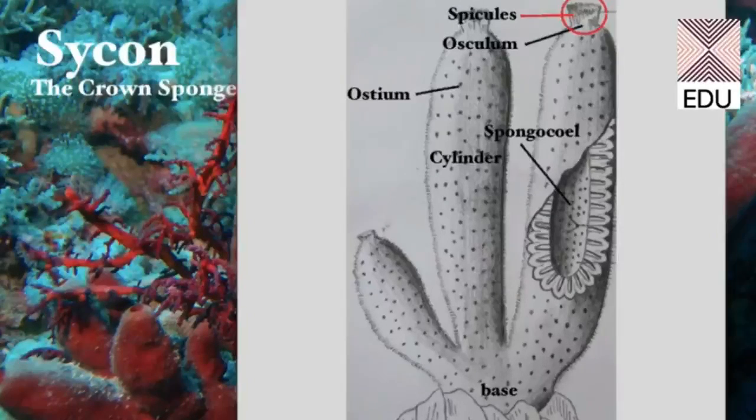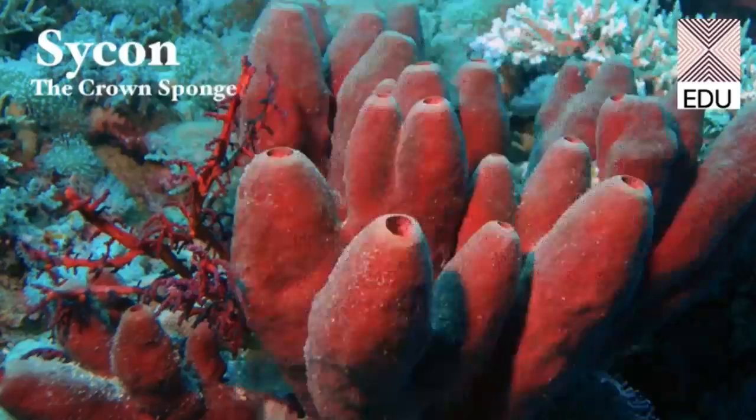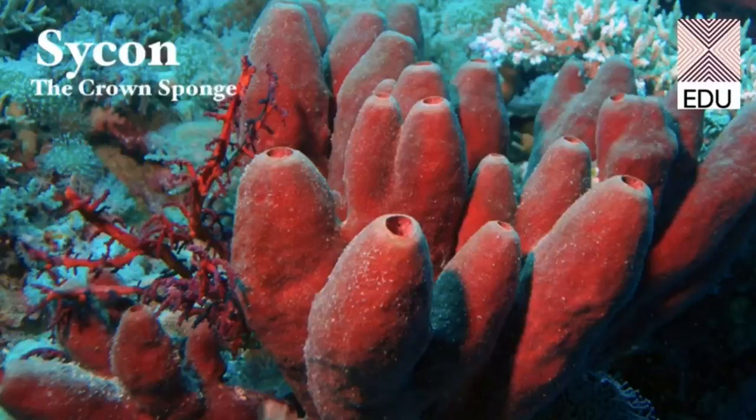Water enters from ostia into the spongocoel, and from the spongocoel the water goes out through the osculum, and the osculum has many spicules, which form the crown. That's why Sycon is called the crown sponge. In this diagram also you can see the oscula. These are the osculum of the Sycon.